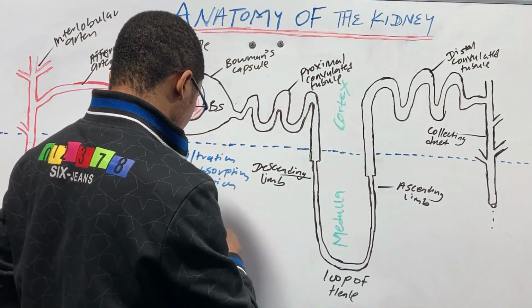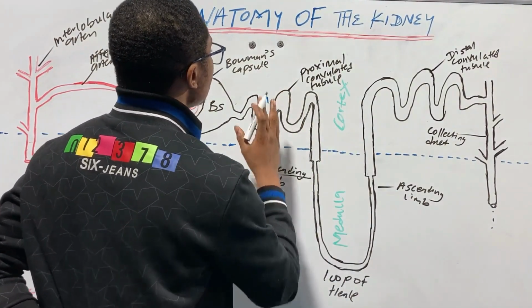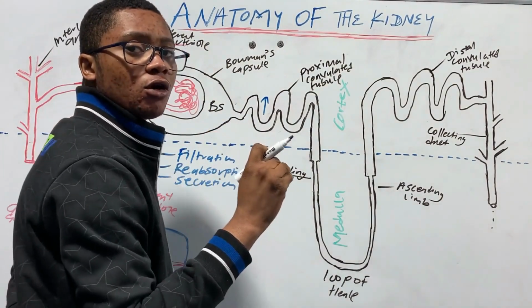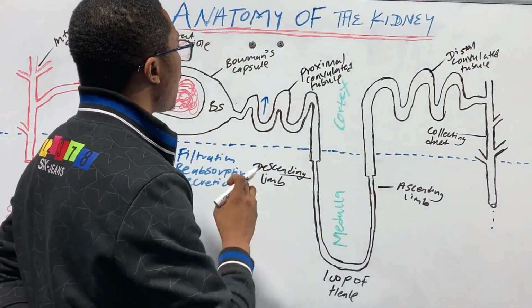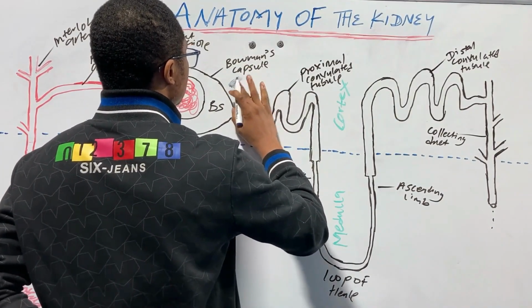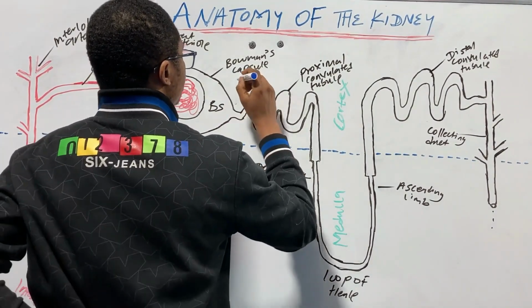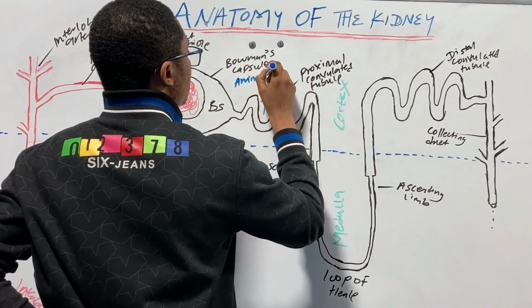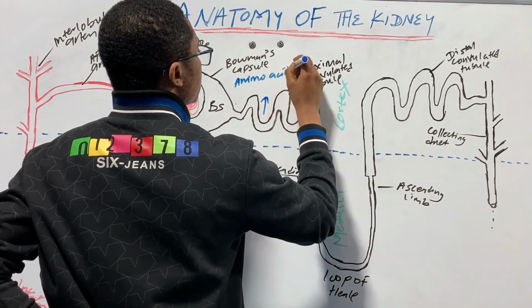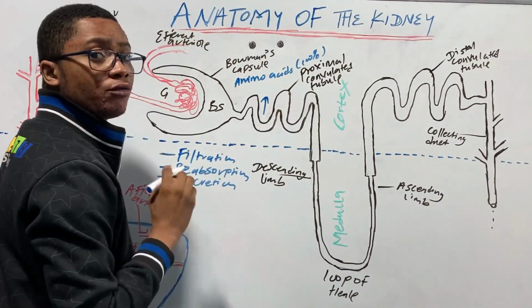Here reabsorption takes place. In this part, 100% of glucose and amino acids are reabsorbed. We have amino acids, 100% reabsorbed back here in the proximal convoluted tubule.